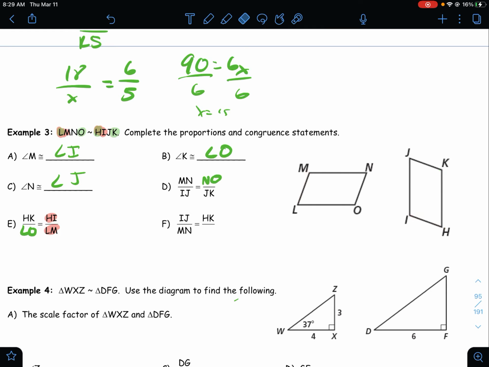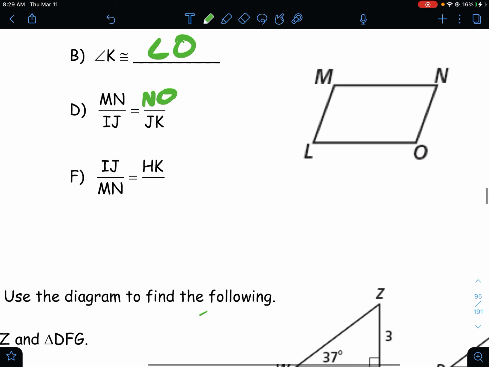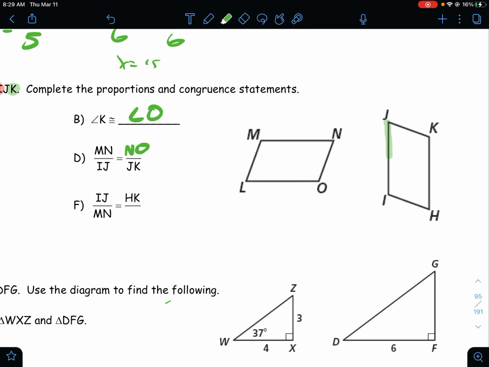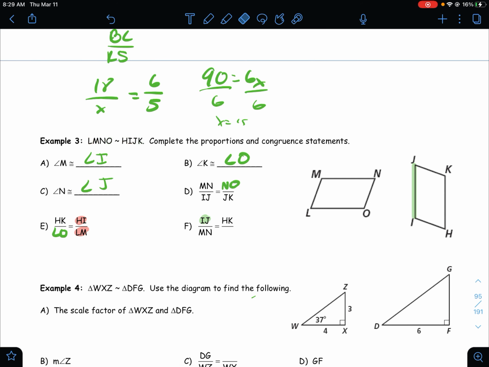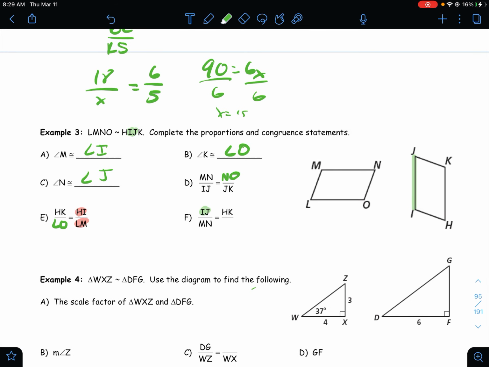All right, let's try this next one. So we have IJ, which if we look, I and J are the two middle ones. And we have M and N, which are the two middle ones.